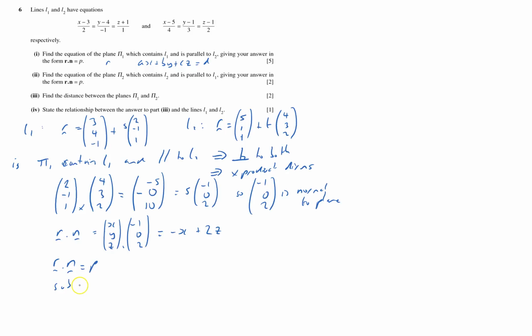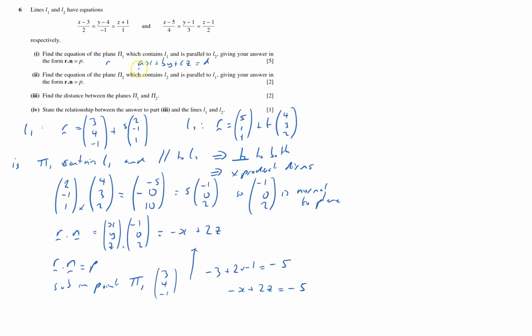So I need to sub in a point in pi1, and the point I know is on L1, so it's going to be (3, 4, -1). I sub that in, and that will give me -3 plus nothing plus 2 times -1, which equals -5. And so we get -x plus 2z equals -5.